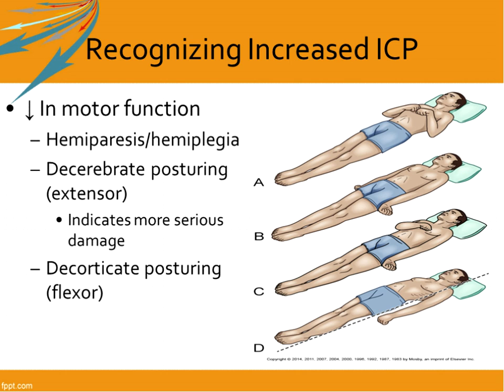But that last one is what's called opisthotonic posturing, O-P-I-S-T-H-O-T-O-N-I-C. This is where you've got severe hyperextension and spasticity.